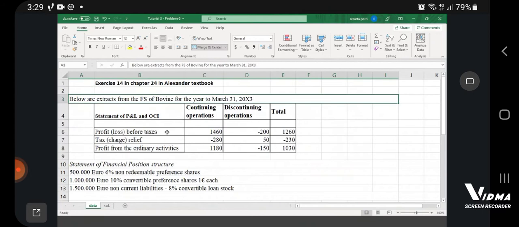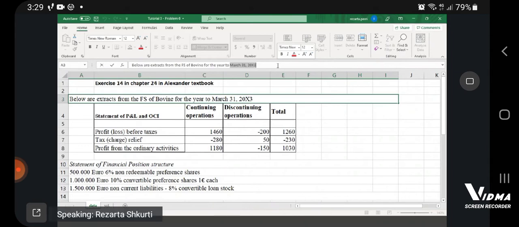We have over here some extracts from the financial statements of this company for the year that ends on March 31st. So again, we have the example of a company whose accounting year is not compatible with the calendar year.